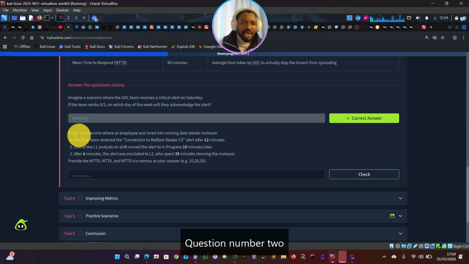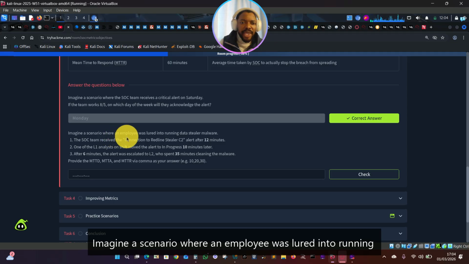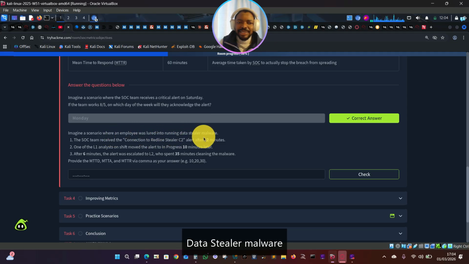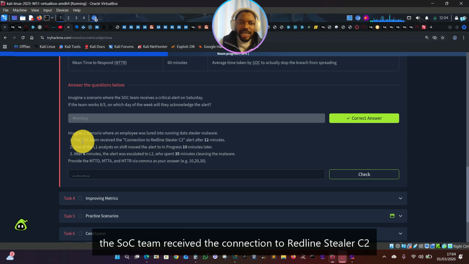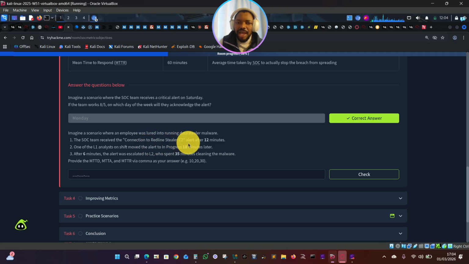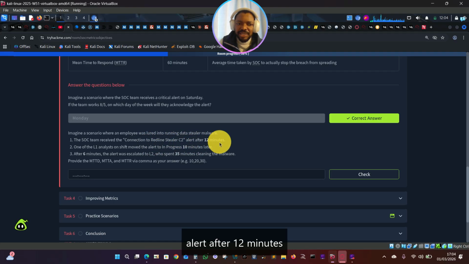Question number 2. Imagine a scenario where an employee was lured into running data stealer malware. Number 1, the SOC team received the connection to Redline Stealer C2 alert after 12 minutes.